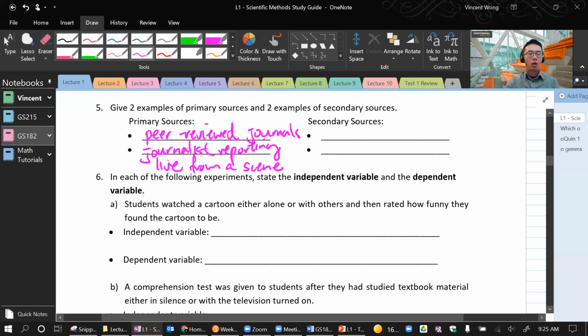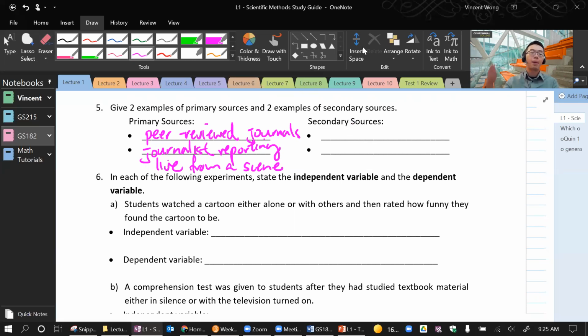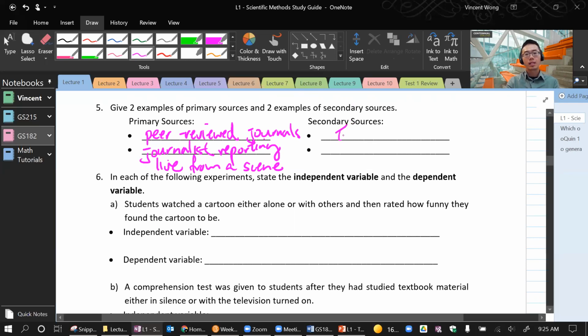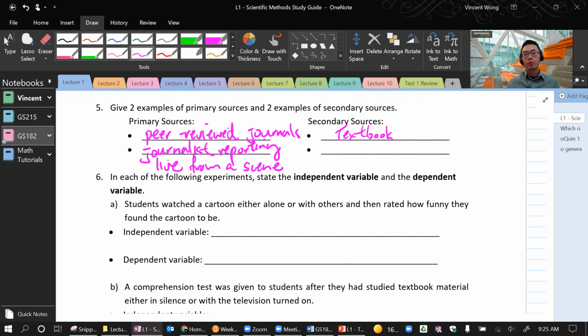Secondary sources are things that are not peer reviewed, or if they are extracted from a primary source. So for example, a textbook. Okay, so text material from maybe peer reviewed journals, and they summarize it and make it into easily understand material for students to read, for people to read.